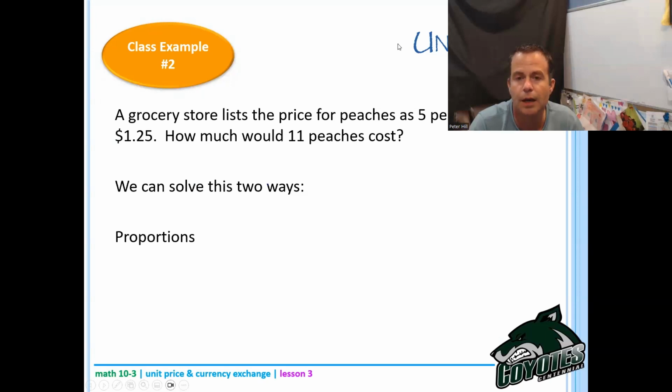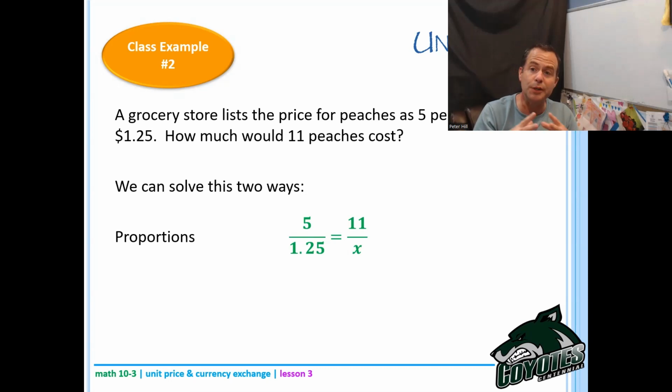Okay, if we were to do it as a proportion, it doesn't actually matter who's on top and who's on the bottom of our fraction, as long as we're consistent with both of the fractions that we set up. So I'm going to say 5 peaches is $1.25. I purposely did this where I did not put the dollar amount on top. If you're finding the unit rate, you have to put the dollar amount on top.